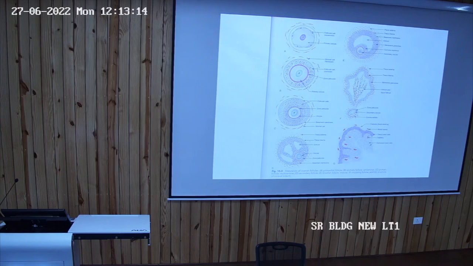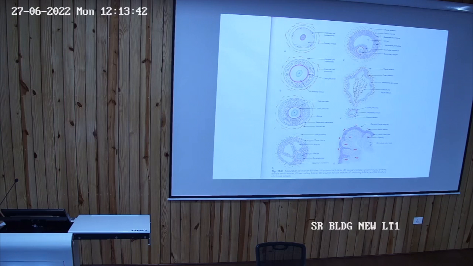Up to this part you can see primordial follicles are very small in size, and the oocyte present is also smaller in size. They mature, and the maturation of the follicle is under the hormone FSH, follicular stimulating hormone.